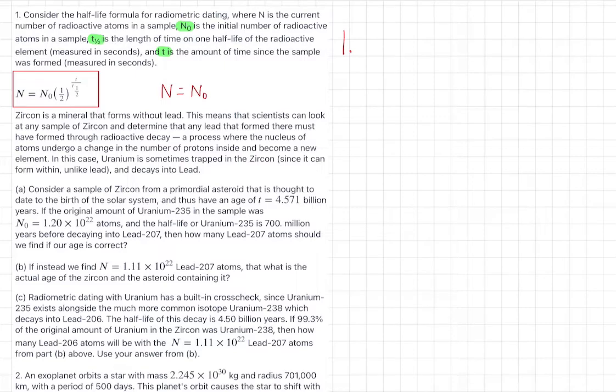Then we actually have this multiplied by 1/2. So 1/2 in the language of math is called the base because it's what's being raised to a higher power. And the power that it's being raised to is t, whatever number we plug in for, divided by the half-life. So just divided by some constant, and we just call that t 1/2.